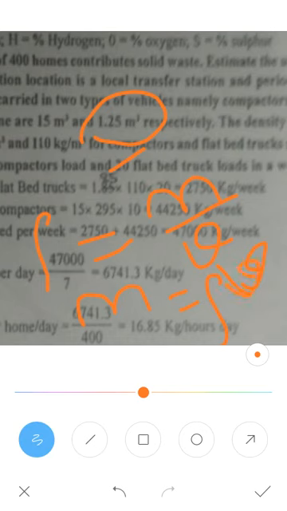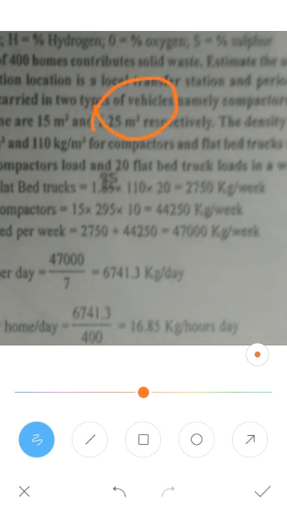So the first step is that density and volume have to be multiplied. The volume is given as 1.25, you write it, and the density they have given is 110 kg per cubic meter.